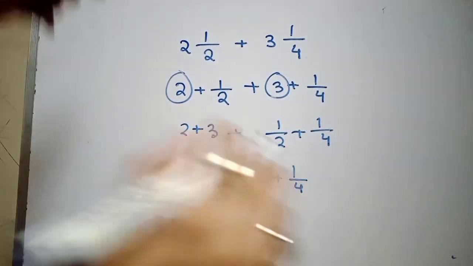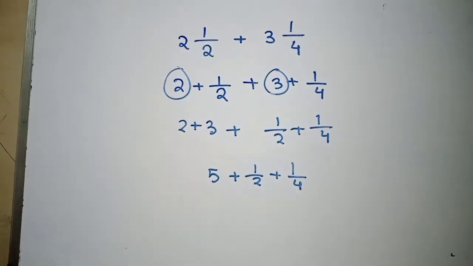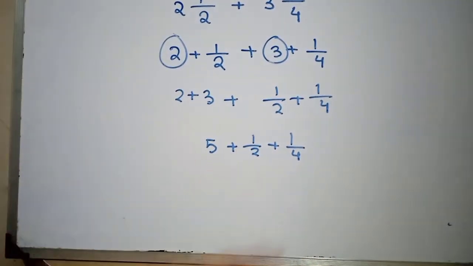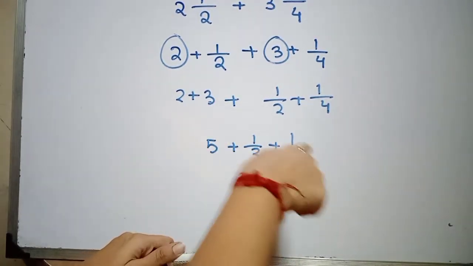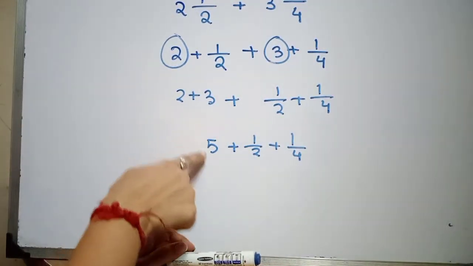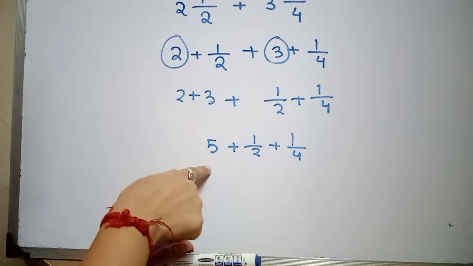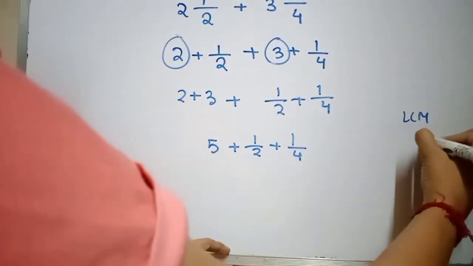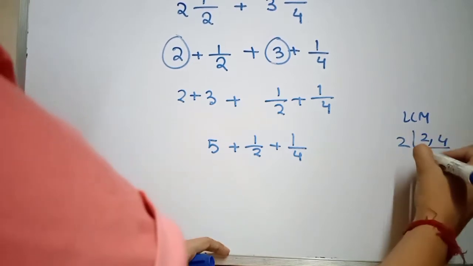Now we will follow the process of fraction addition that we have already done. Here we have to find the LCM of the denominators. This is 5 and there is nothing in the denominator, so it will be 1, and the LCM of 2 and 4 will always be 4, right?